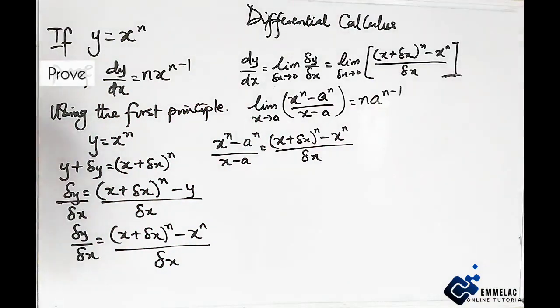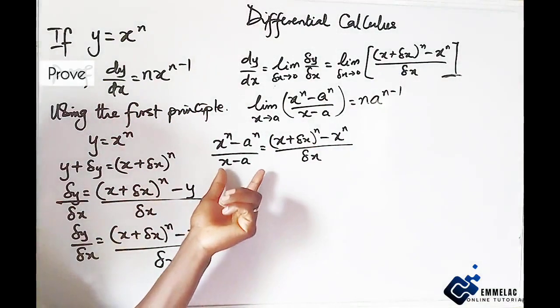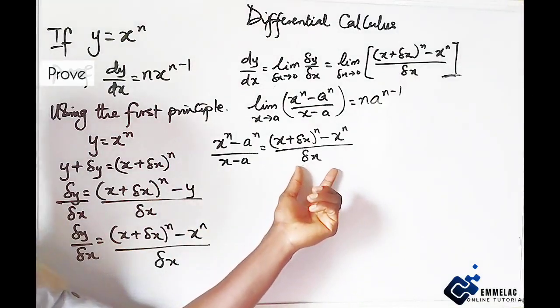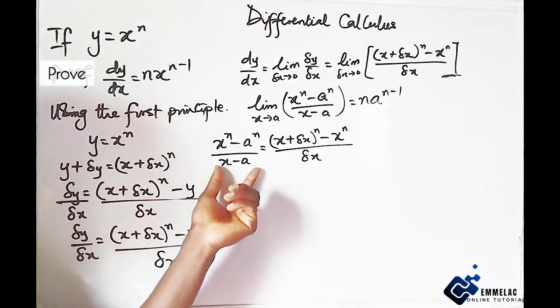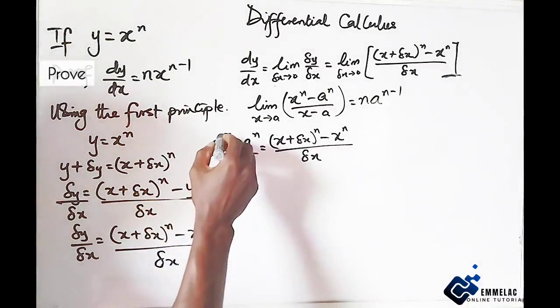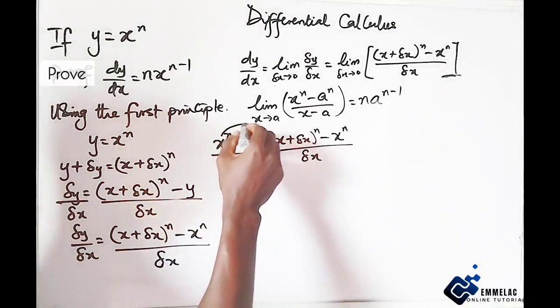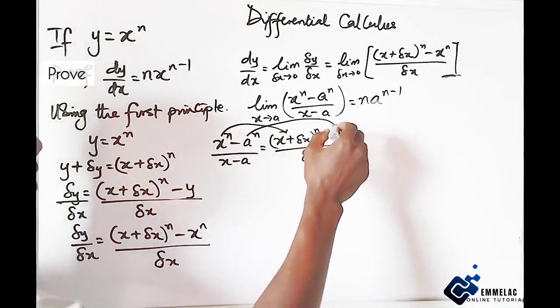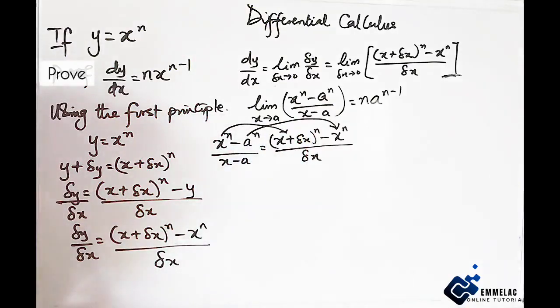So now the question is, how then do we make the denominator on this side the same as the denominator on the left hand side of the equation? We take note that a to the power of n is the same thing as x to the power of n.